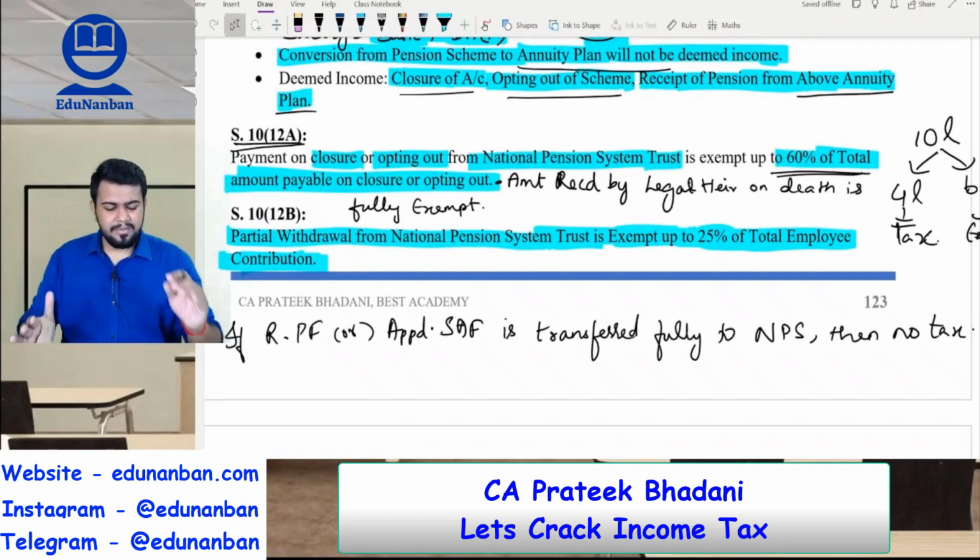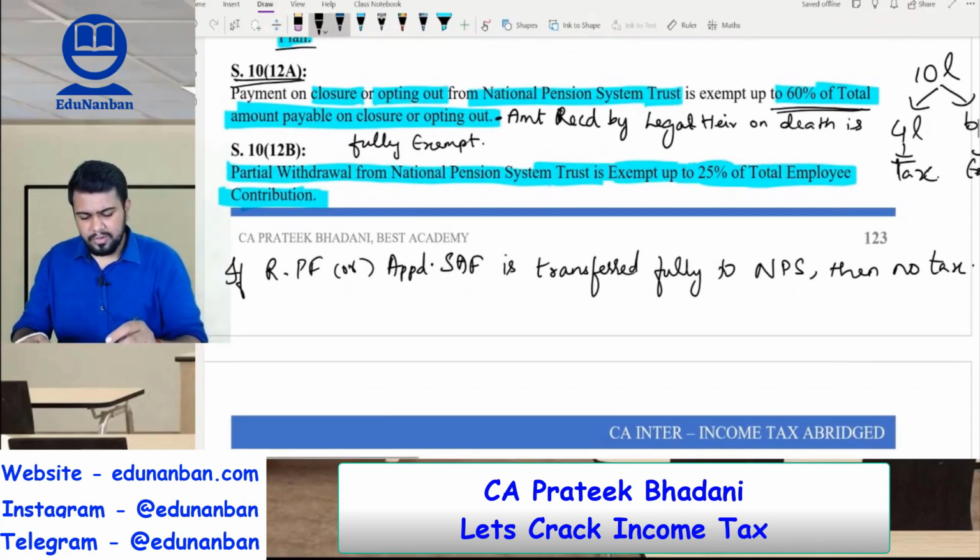If the pension scheme is closed, then of the amount received, 60% will be exempt and 40% will be taxable. However, if it is received by the legal heir of the person who has died, then it is fully exempt in the hands of the legal heir.